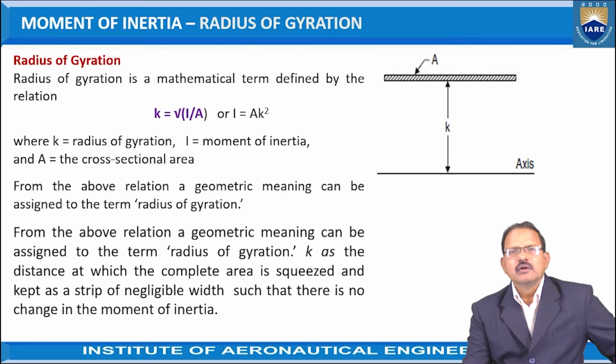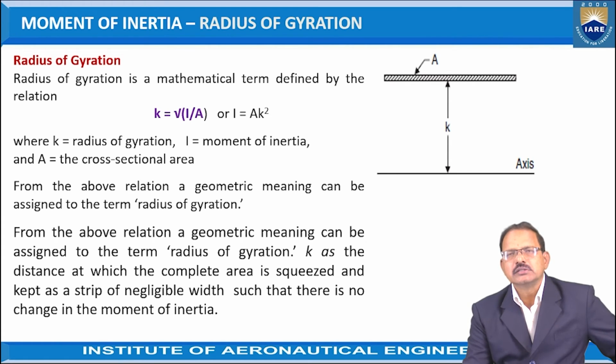From the above relations, a geometric meaning can be assigned to the term radius of gyration as the distance at which the complete area is squeezed and kept as a strip of negligible width, such that there is no change in moment of inertia.